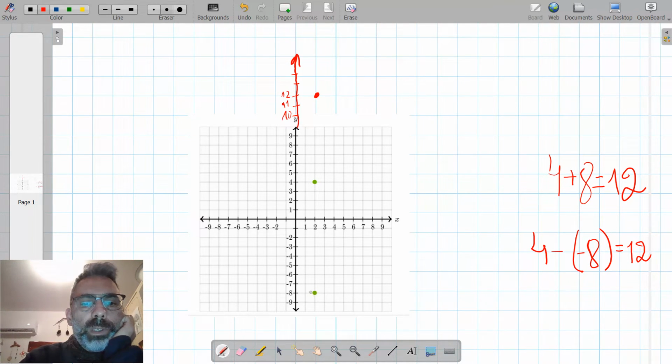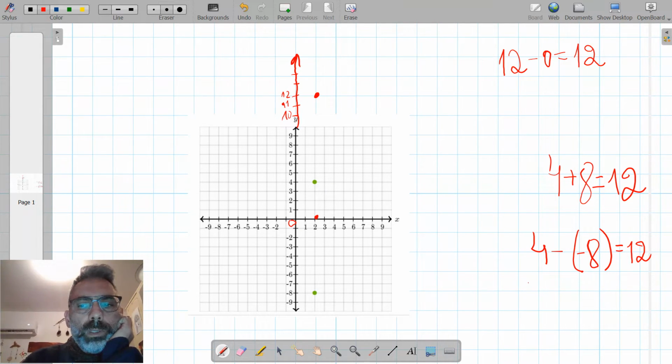And if we do the same with this point, it will be located here on y 0. So 12 minus 0 is 12.